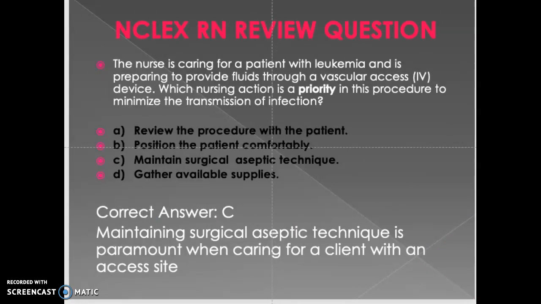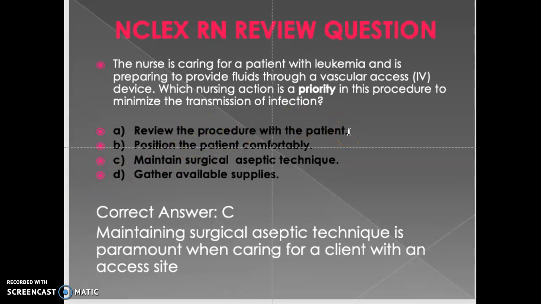We have another question here. The nurse is caring for a patient with leukemia and is preparing to provide fluids through a vascular access IV device. Which nursing action is a priority in this procedure to minimize the transmission of infection? This question is a priority question relating to infection control practices. Reviews the procedure with the patient.